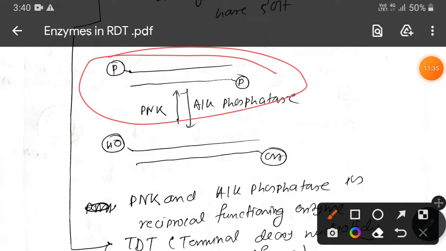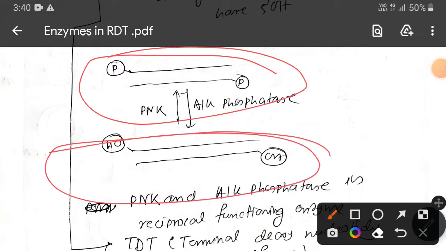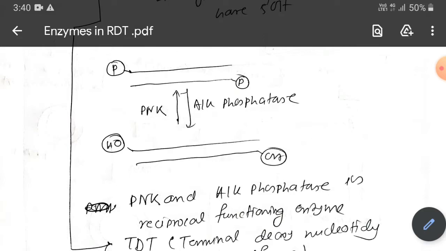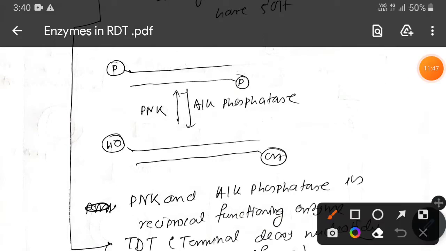Suppose this is a phosphate containing group and this is an OH containing group at the 5' end. Although we have OH at the 3' end in both the cases, here we are discussing the 5' end. So if we want to go from a 5' phosphate containing DNA molecule to a 5' OH containing DNA molecule, you have to add what?